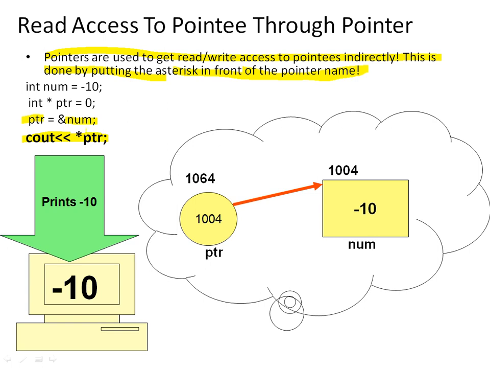Here is the name of the pointer, and I put an asterisk in front of the name of the pointer. That will print to the console a value -10, which means I'm getting read access to the value -10 stored in num by putting the asterisk in front of the pointer ptr.